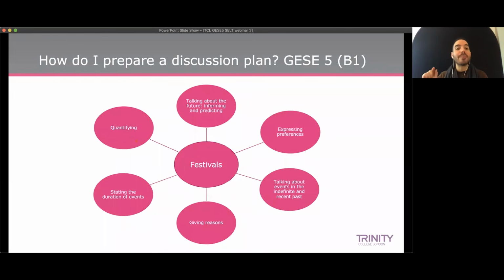So when you prepare at home, I want you to do the same. What we did now, I want you to think of all the different areas that you see here for every subject: for festivals, for means of transport, for special occasions, for entertainment, music for example, and for recent personal experience.